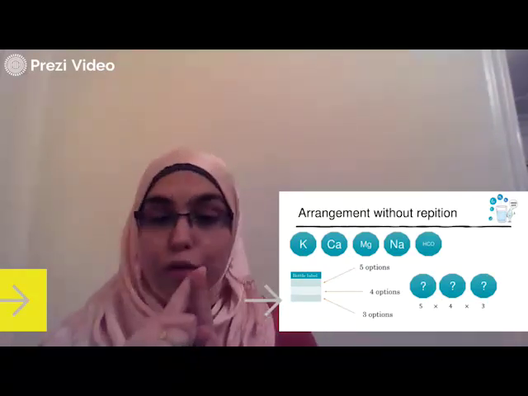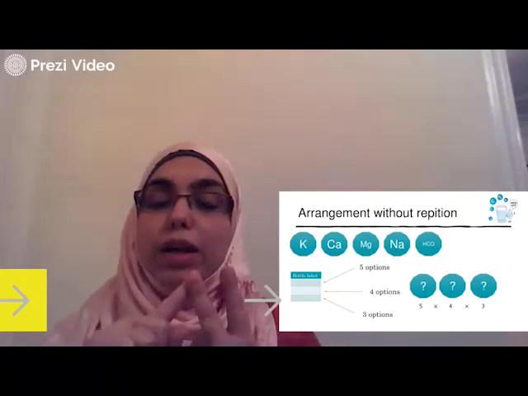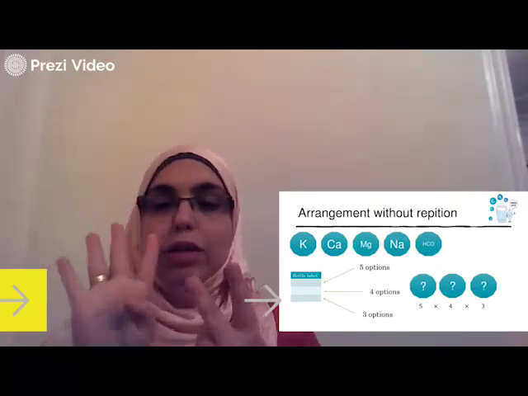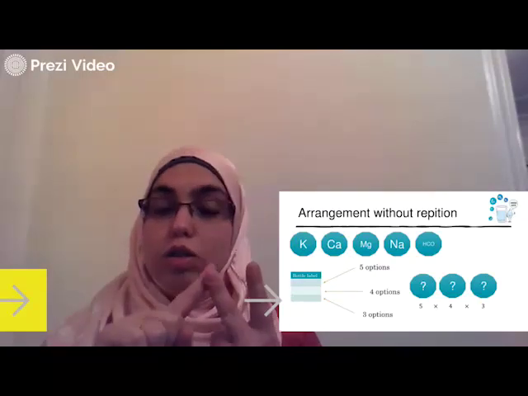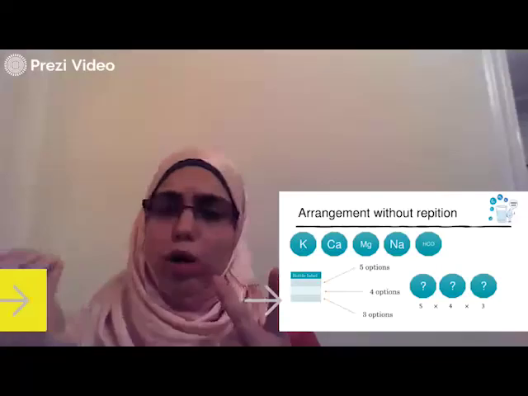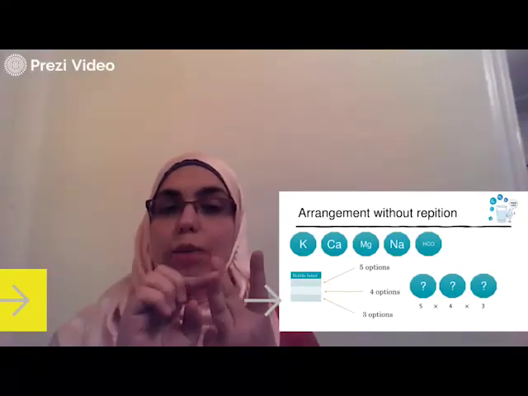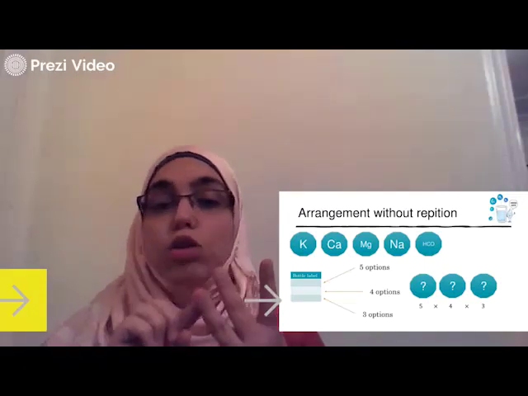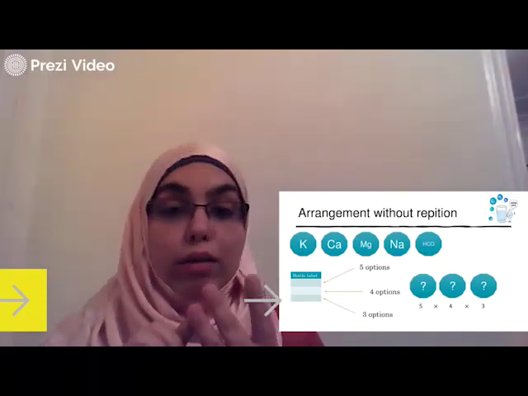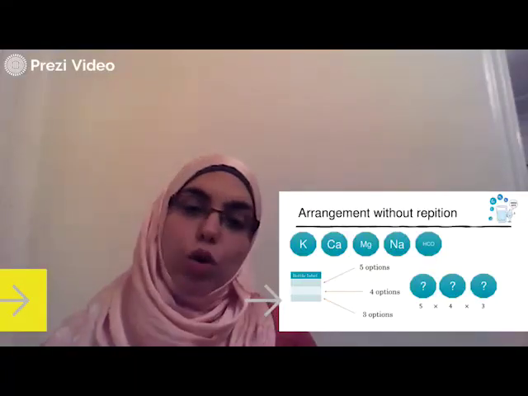If I choose one of them, then in my second position, I will only have 4 different minerals, which are calcium, magnesium, sodium, and bicarbonate. If I choose one of them randomly, for example magnesium, then in the third position, I will have only calcium, sodium, and bicarbonate. How can I write this using factorials?